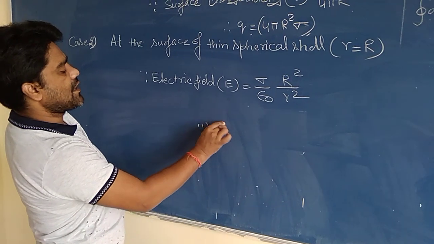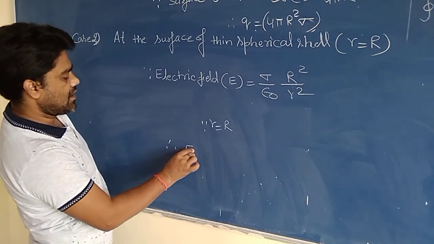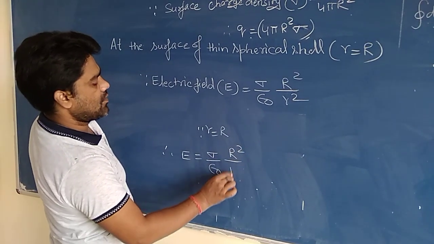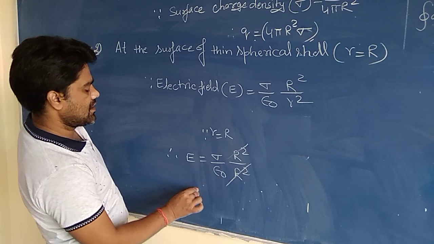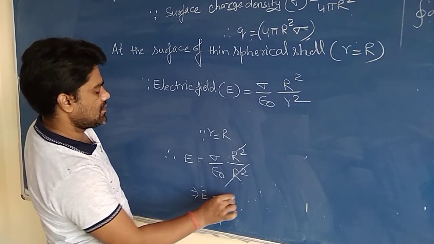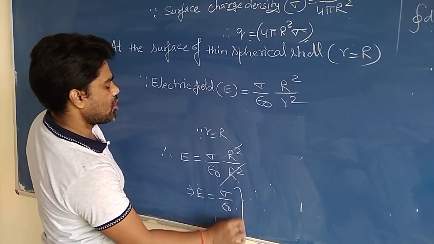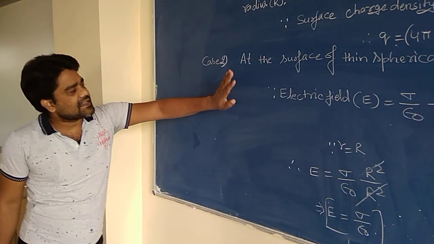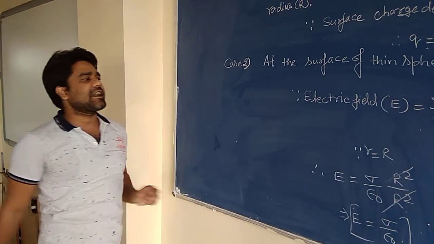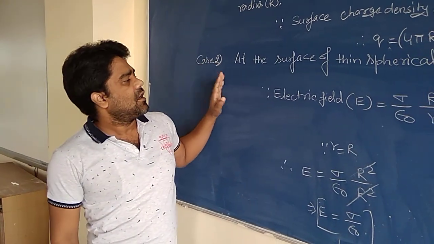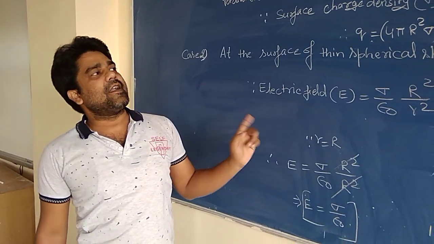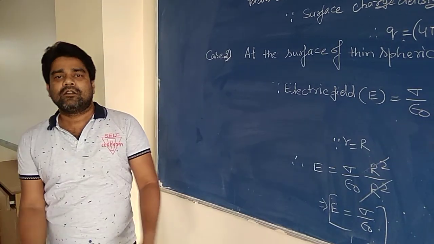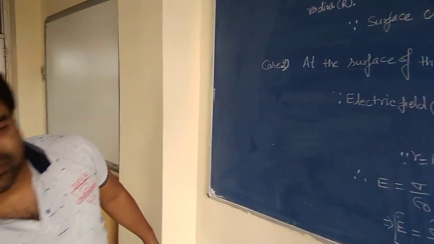Since small r is equal to capital R, E equals sigma upon epsilon naught into capital R square upon R square, and you will get the electric field E as sigma upon epsilon naught. Now dear, this is the case when we calculate the electric field due to a thin spherical shell at its surface. Now the last case, number 3.